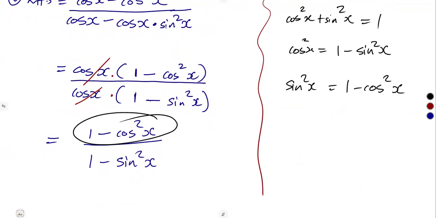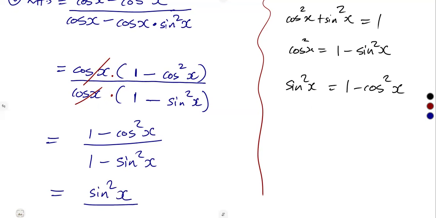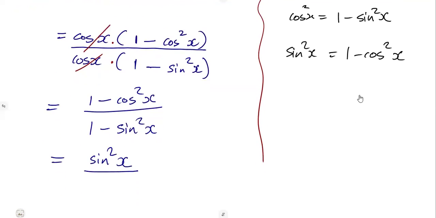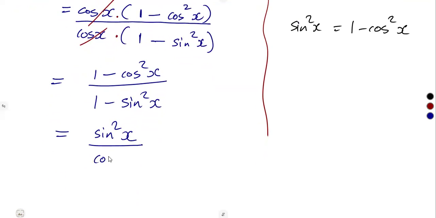Where do we have 1 minus cos squared? Here. What is its equivalent? Sine squared. So in place of this 1 minus cos squared, we are going to have sine squared of x over 1 minus sine squared, and in place of this we are going to have cos squared. We are substituting, so at least we have a single term.